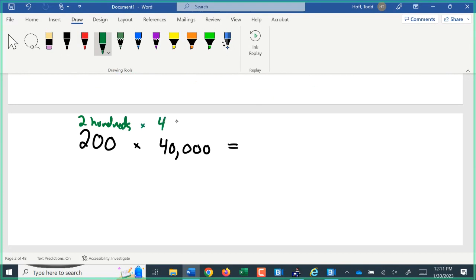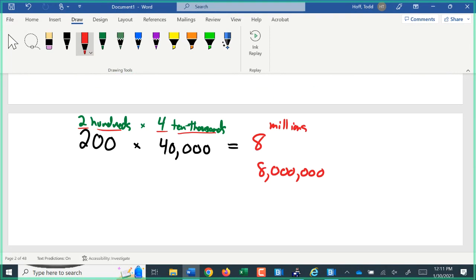This is 4 10,000s. Well, I'd multiply out, combining counts, 2 times 4 is 8. Hundreds times 10,000s is millions. That's 8 followed by 6 zeros. 8 is in the millions place.